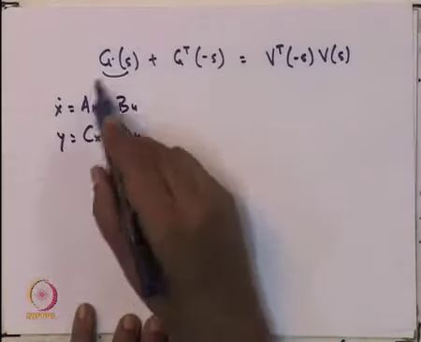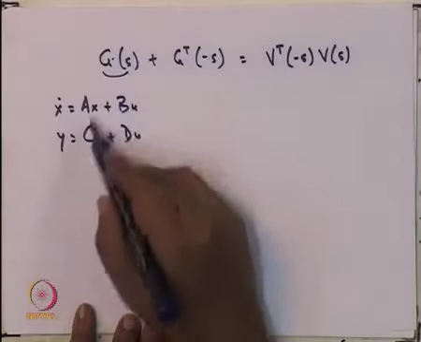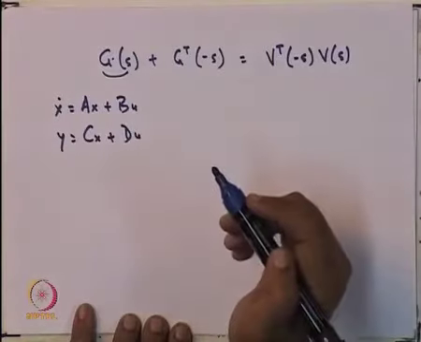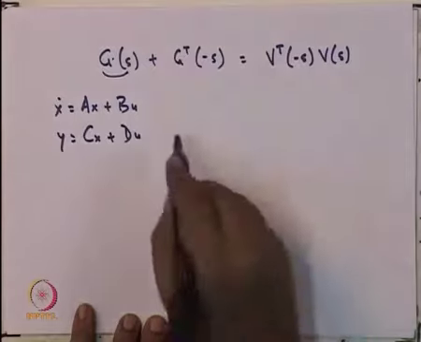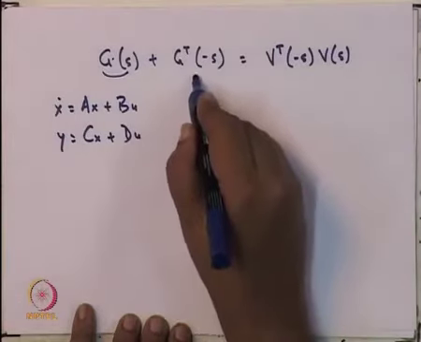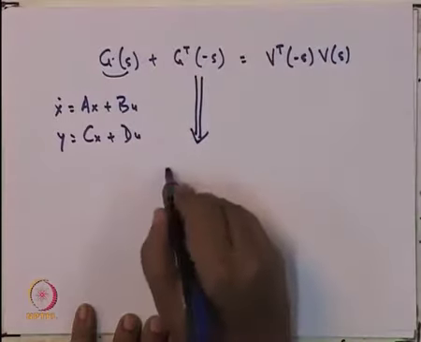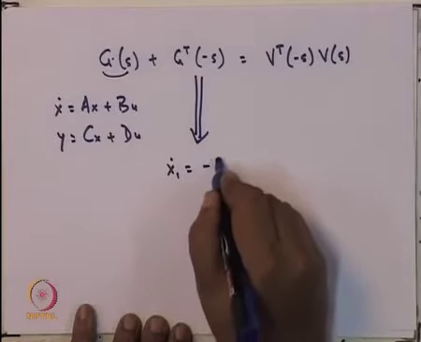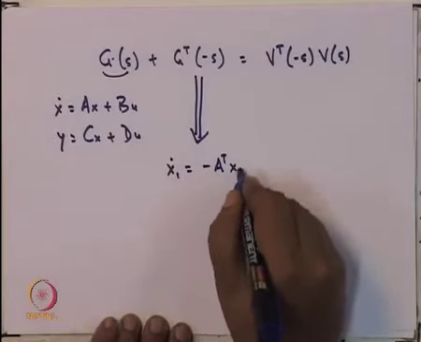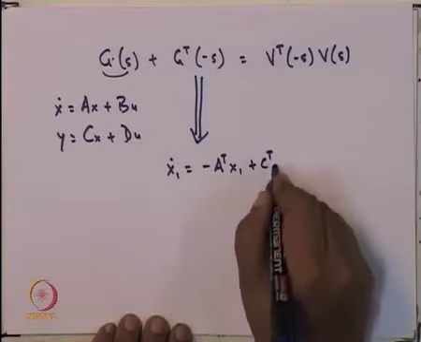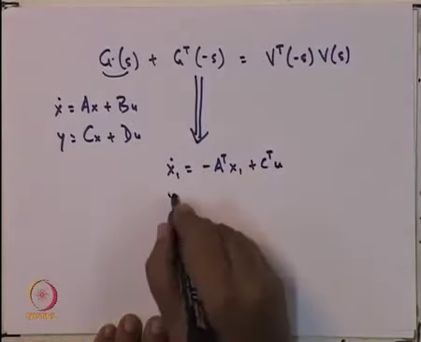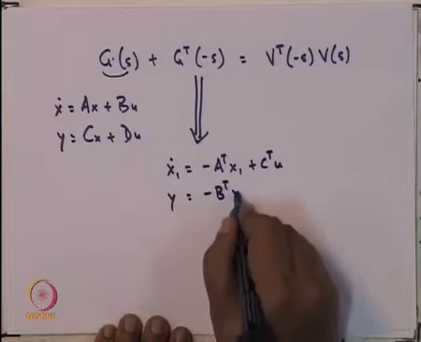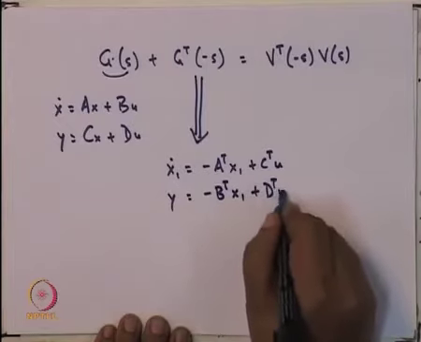Now, if this is the state representation for G of S, then from here we can get the state representation of G transpose of minus S. Let me call the states here x1. So x1 dot is going to be minus A transpose x1 plus C transpose U, and y is going to be minus B transpose x1 plus D transpose U.